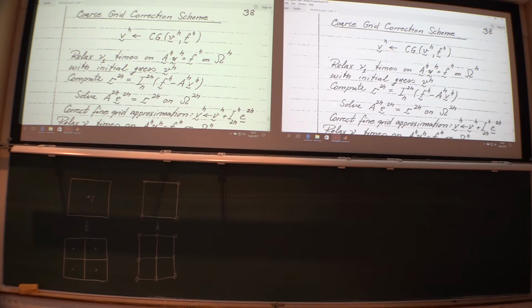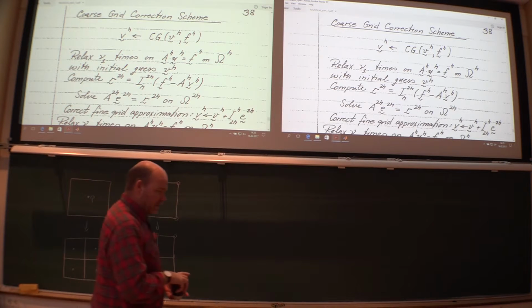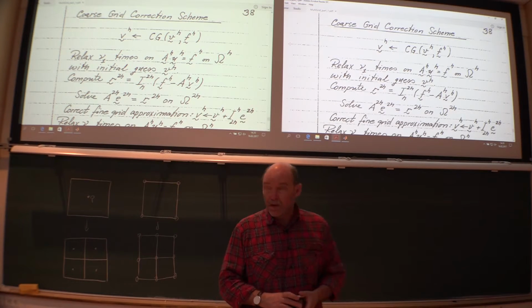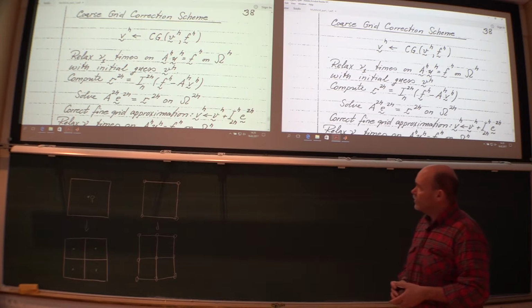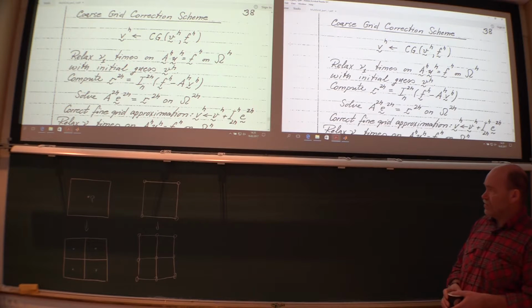So now, if we only look at a two-mesh system, coarse grid correction scheme, we start with the fine mesh, and there we have our original equation, the algebraic equation system. Then we do a number of iterations, or relaxations if you like, on the fine mesh.